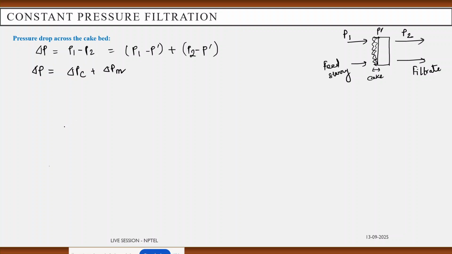Suppose the height of the cake is L. The solid starts to deposit over the filter medium. Therefore, the cross-section area of the filter medium is the same as the cross-section area of the bed of solids, or the cake.